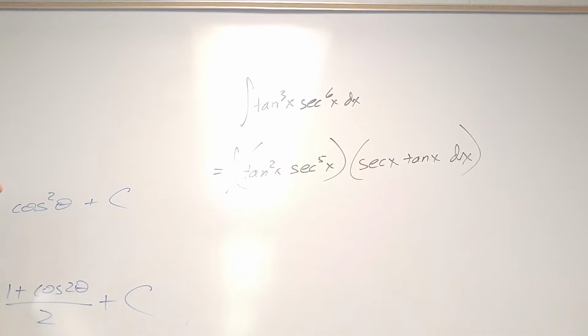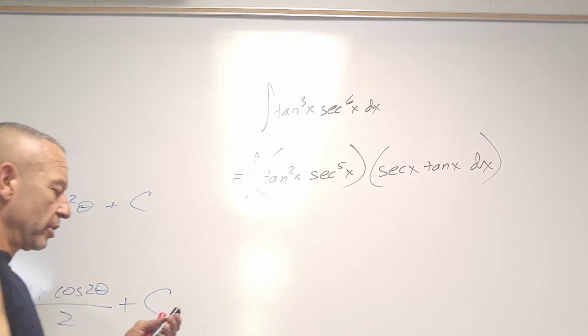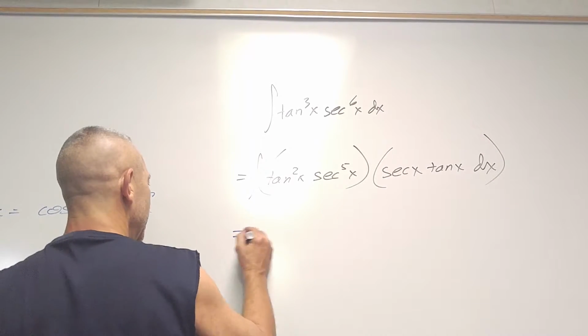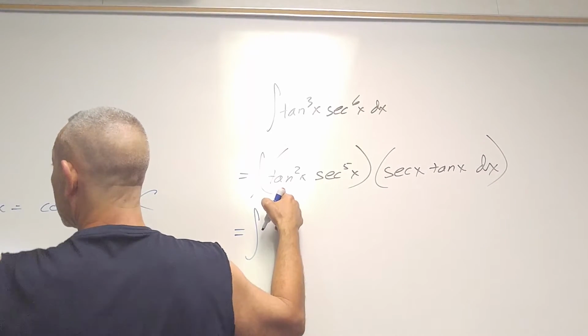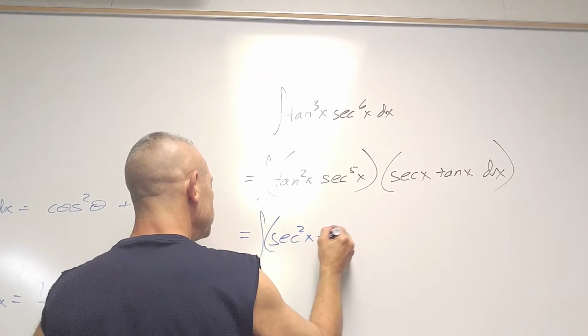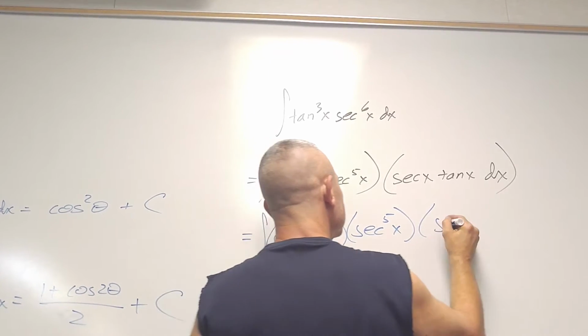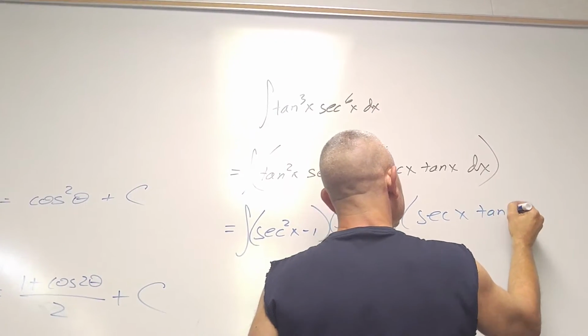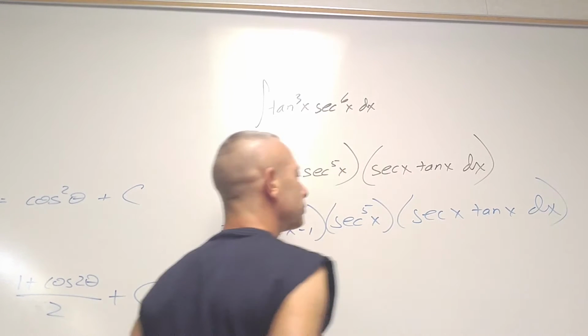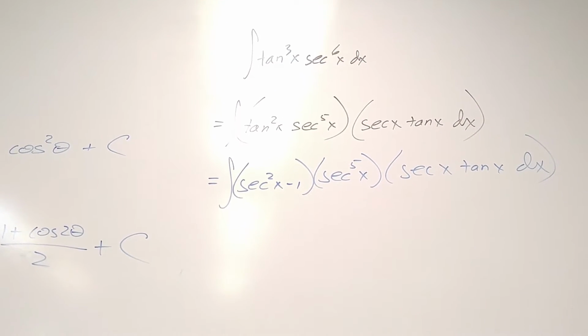Since the derivative of secant is secant x tan x dx, now I'll change tan squared into secant squared. It's going to work just as well, isn't it? That's probably what you did.